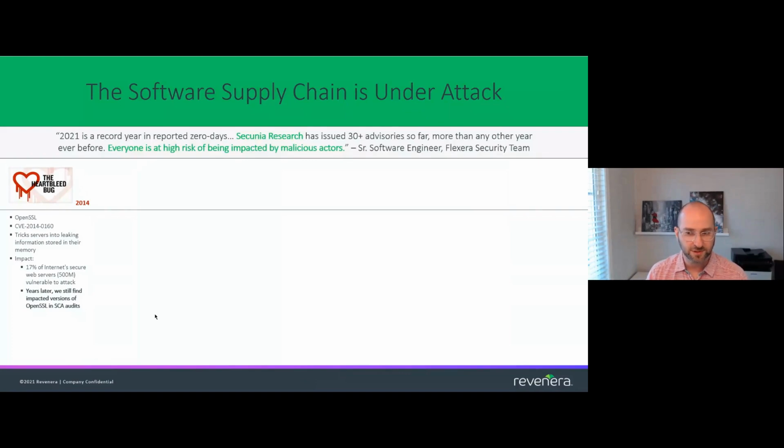At the time when this occurred in 2014, about 500 million web servers were estimated to be impacted, which is almost 20% of the web servers on the internet. So very broad exposure, lots of machines, lots of companies impacted. The issue with this one is we're now seven years later, and as part of our audit practice, we are still finding old vulnerable versions of OpenSSL.